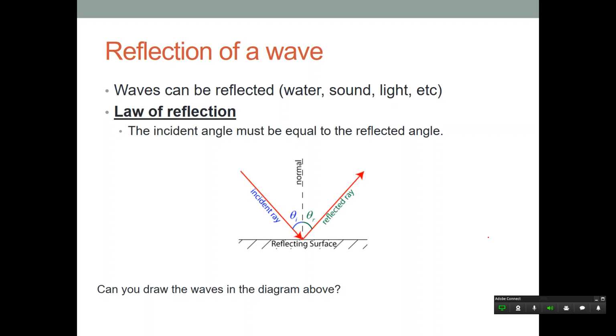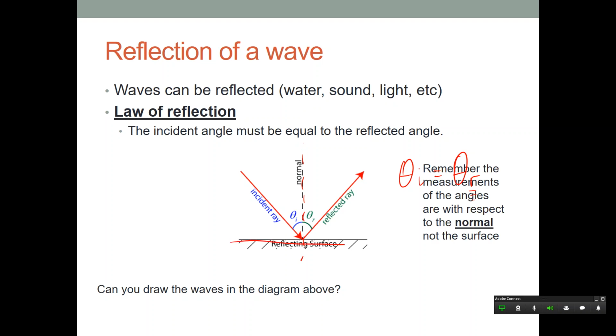So here it is, the law of reflection is that the incident angle is equal to the reflected angle. And I'm going to use a lowercase r for this on purpose. I want you guys to do the same thing because I'm going to use an uppercase R for refraction. So it's the incident angle is equal to the reflected angle. And this is the angle with the normal line. So if this bottom part here is the reflective surface, it's not this angle that I care about, it's really this angle here.